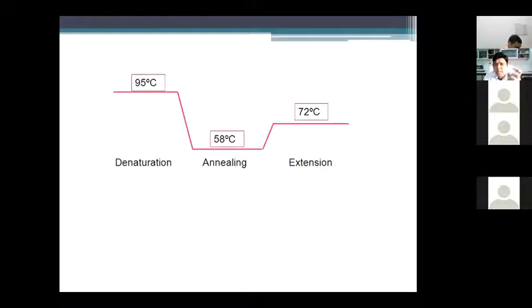So you can say that this PCR reaction contains three processes. Number one, denaturation. Number two, annealing.